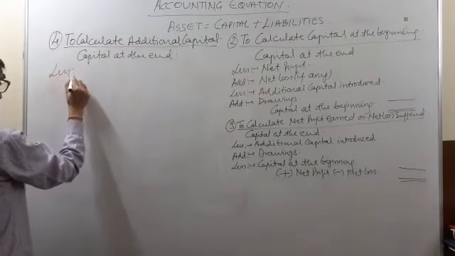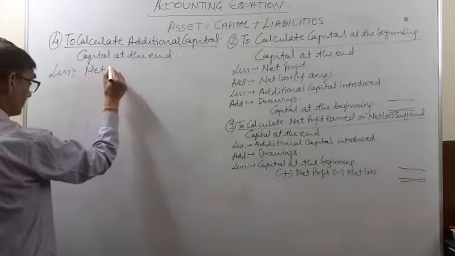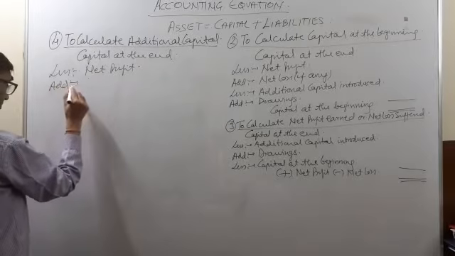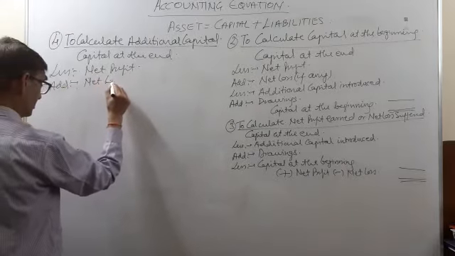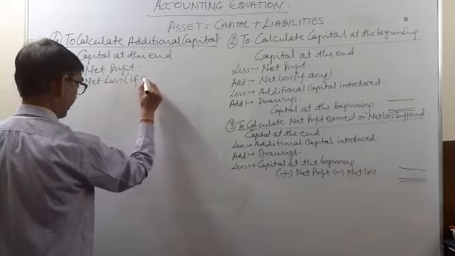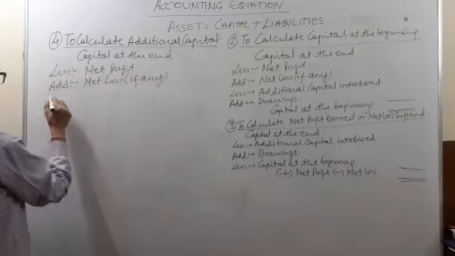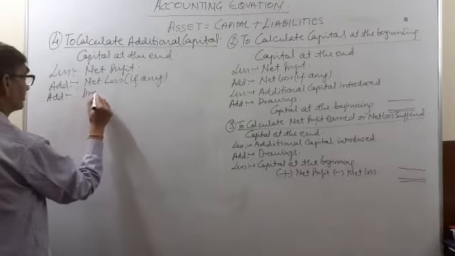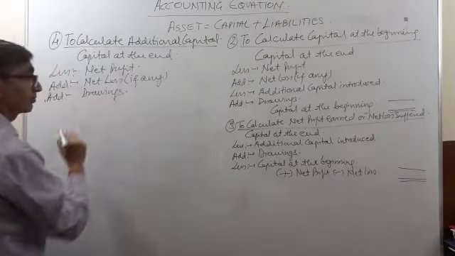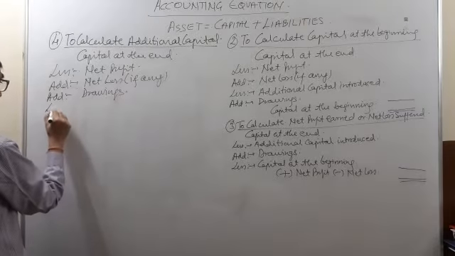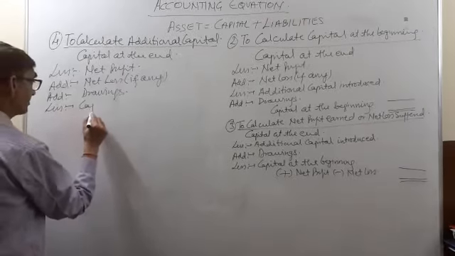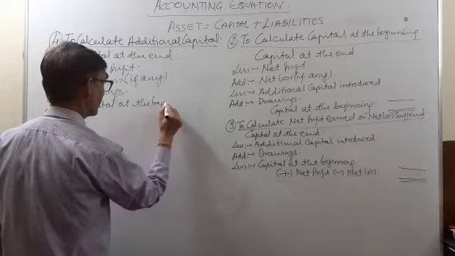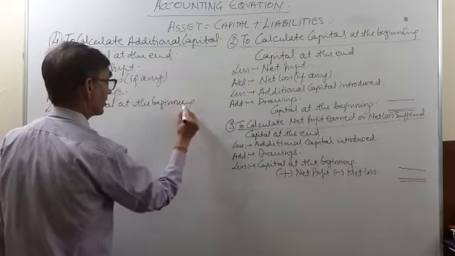So less net profit, add net loss, if any, and we will add drawings, and at the end we will subtract capital at the beginning.